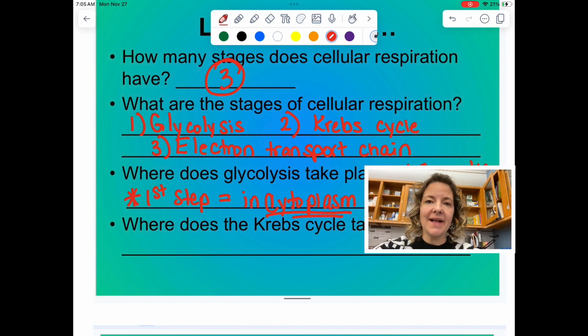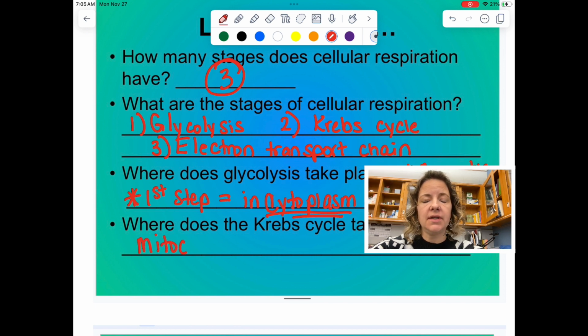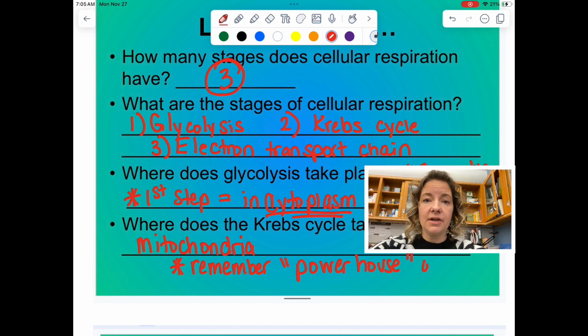So after glycolysis, we next have the Krebs cycle. And the Krebs cycle is going to require oxygen, and it is going to take place in the mitochondria. The mitochondria is that powerhouse of the cell, which means that the next two steps, the Krebs cycle and the electron transport chain, are going to be where the majority of the energy is made.